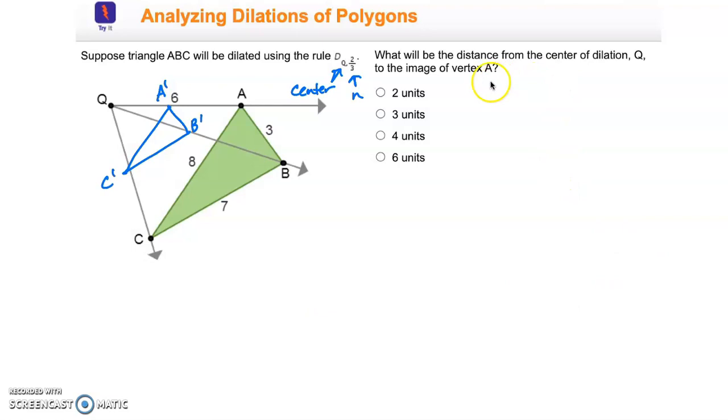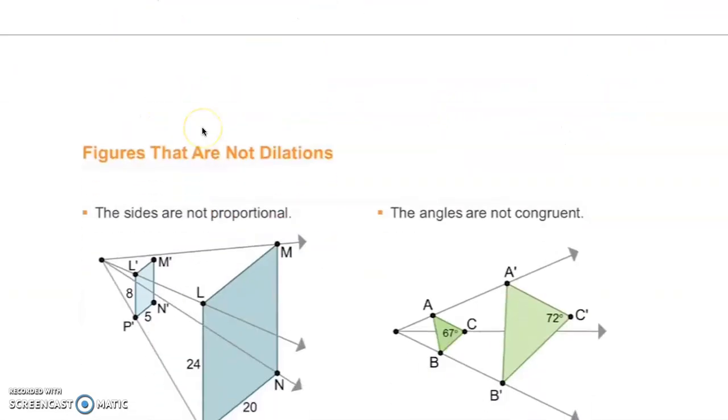And we want to know the distance from Q to the image of vertex A. So we want to know this part right here. Well, we know the whole thing is 6, and we multiply it by our dilation factor, and 6 times 2/3 is equal to 4. So our image is going to be 4.